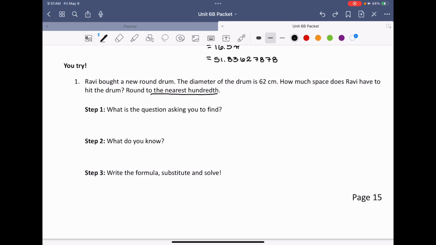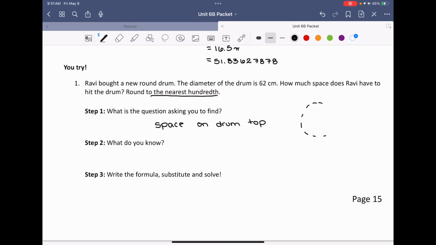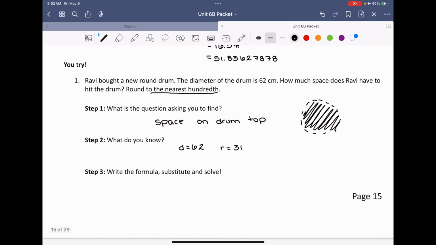Okay, so since this question is asking how much space, so we're looking for the space on the drum top. And if you ever need to as well, you can always sketch out what the question's saying. So if this is the drum, they want to know how much space he has to hit the drum, which would be the area. So we know that the diameter is 62 centimeters, which means that the radius is 31. So we are going to be finding the area. Area equals pi r squared.